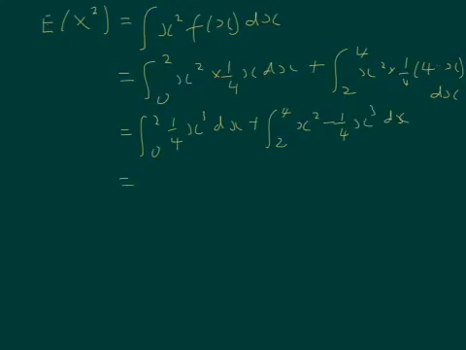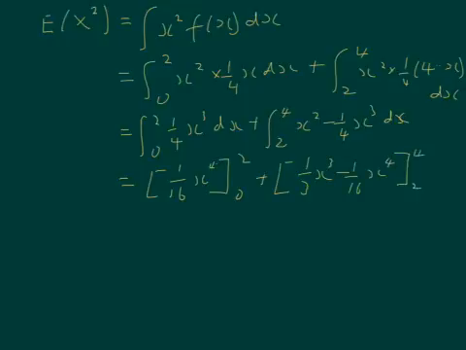So then we integrate each bit separately, so that's 1/16 x to the power 4, from 0 to 2. And then we get a third x cubed minus 1/16 x to the power 4, from 2 to 4. Substitute in those values, we get 1, we get 11 thirds, so altogether it's 14 thirds.